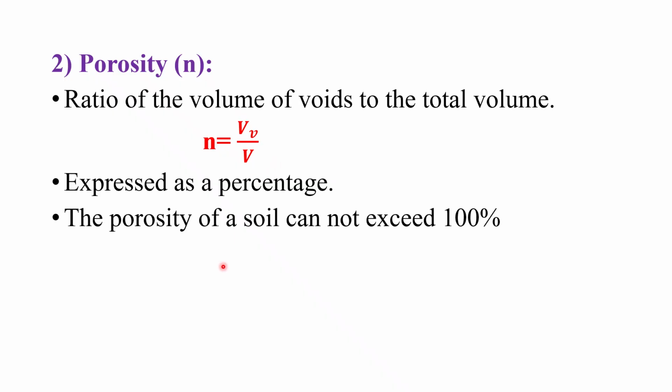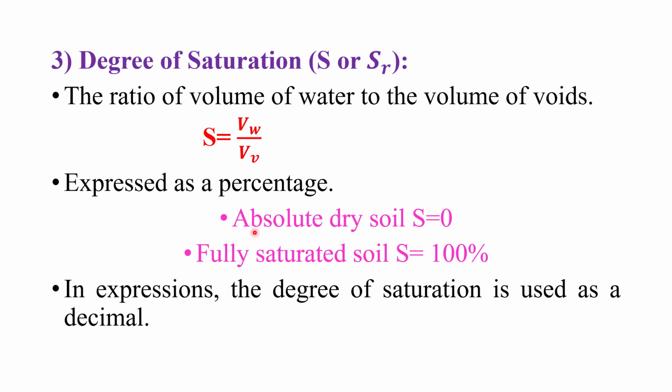Both e and n are measures of denseness or looseness of soil. As the soil becomes more and more dense, e and n will decrease. Degree of saturation, S or Sr. It is a ratio of volume of water to the volume of voids.